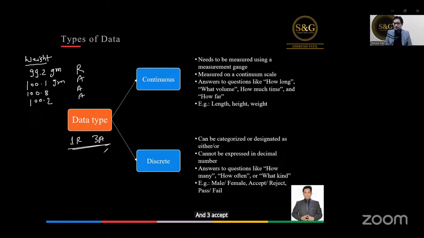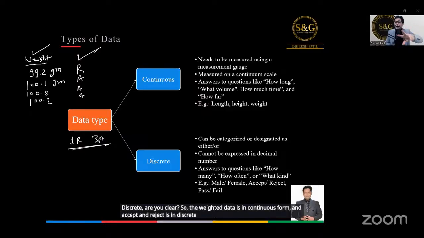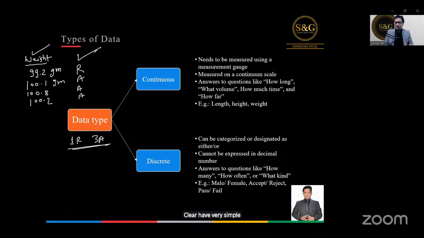What data is this? Continuous or discrete? Discrete. Are you clear? So the weight data is in continuous form, and accept and reject is in discrete form, because I'm counting how many accepted, how many rejected. Very simple.